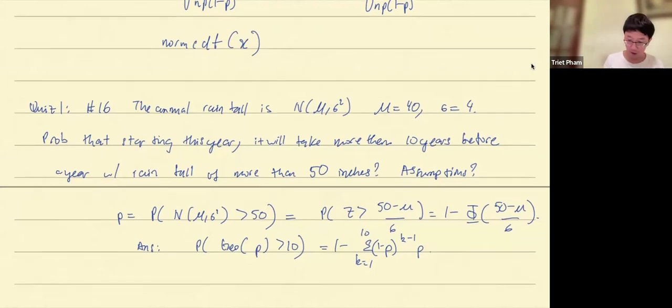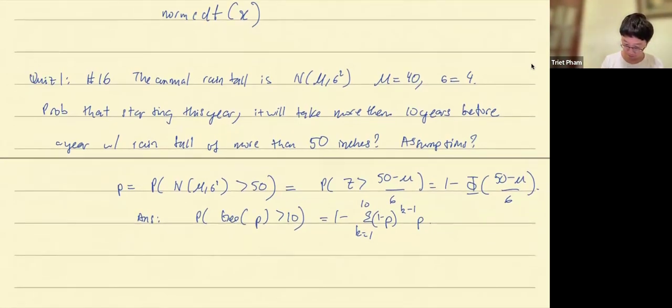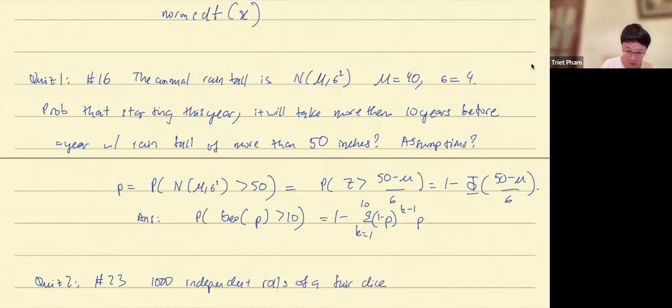Okay, let's continue. Next one is question number 23. 1,000 independent rolls of a fair dice.